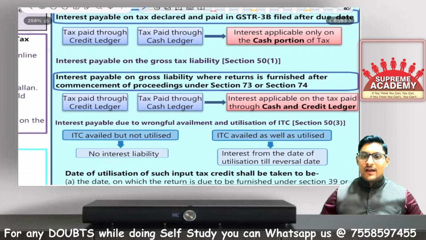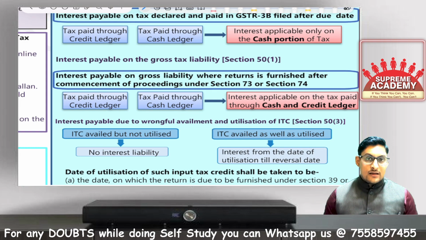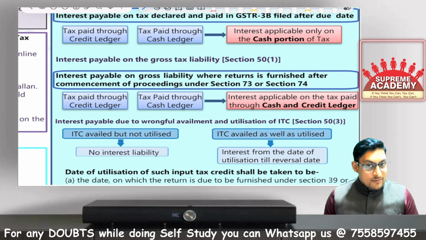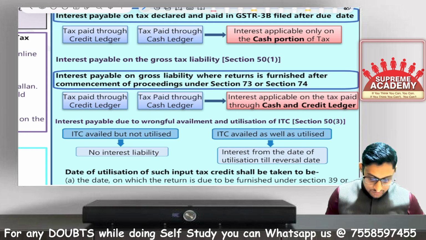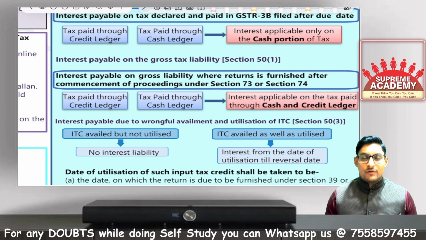But what if we had not paid the tax? Though we recognized that we made a delay or a mistake, we are ignoring it. Then the procedure of demand and recovery will start. And once the procedure of demand and recovery starts, the interest will be calculated on the total amount. As in the example, 1 lakh, with 40,000 credit ledger and 60,000 cash ledger.